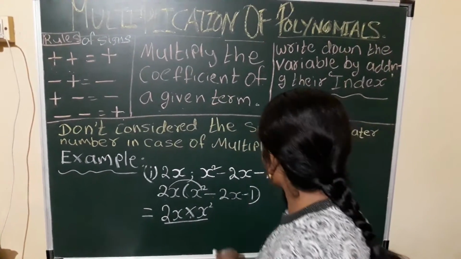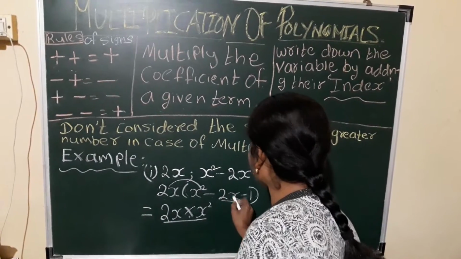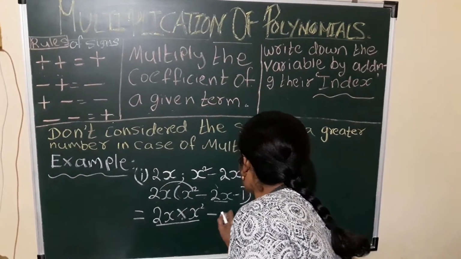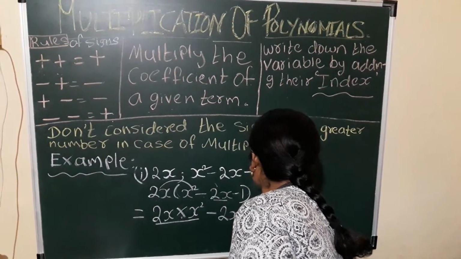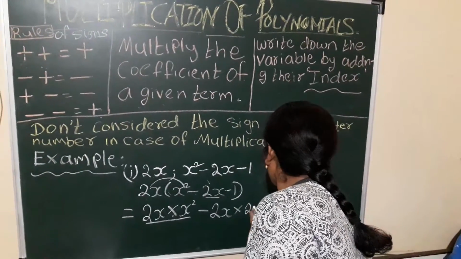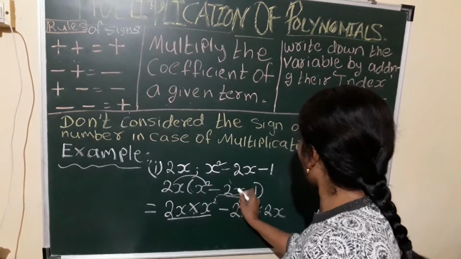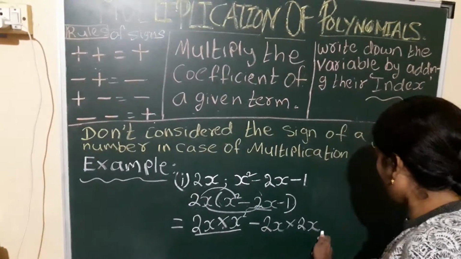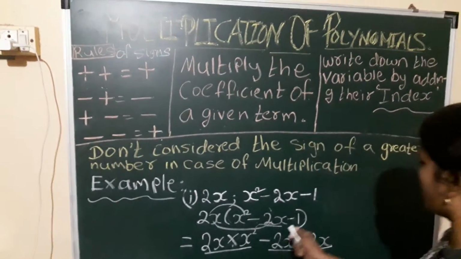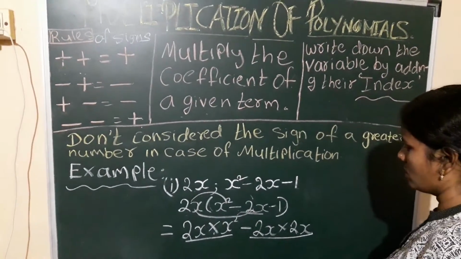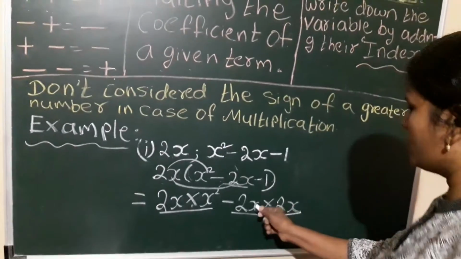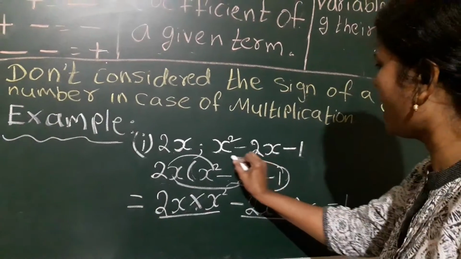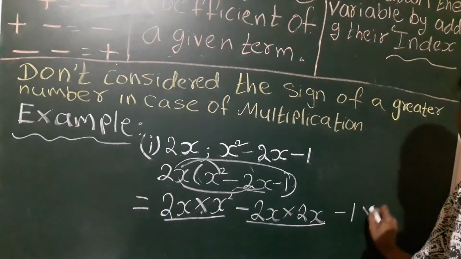Now again we'll write down 2x multiplied by minus 2x, and underline this also. It will be convenient for you to multiply the polynomials. Now we'll write down minus 1 multiplied by 2x.